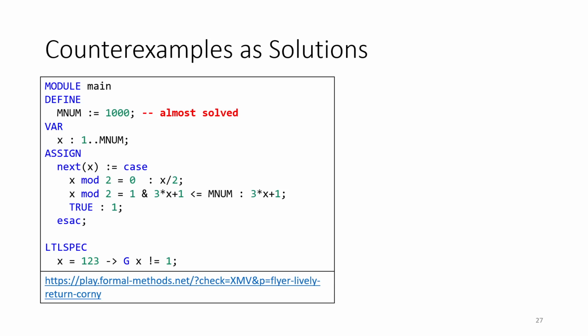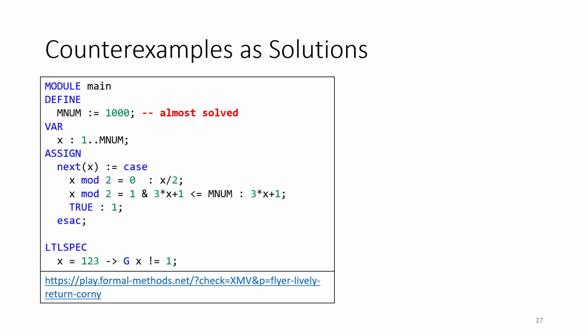Okay, and then we saw how we use counterexamples as solutions. So we could say if we initially start at 123, then globally we're not reaching 1. This is the same as not finally x equals 1, right? That's what you suggested. We simply negate it, and then we get a counterexample. And instead of putting this initial value into the model, we could simply put the initial value into the LTL constraint.